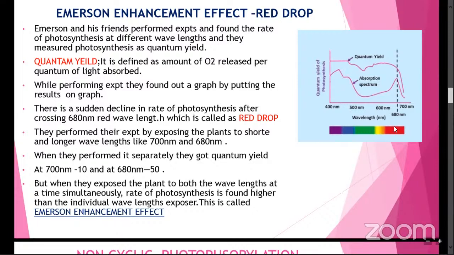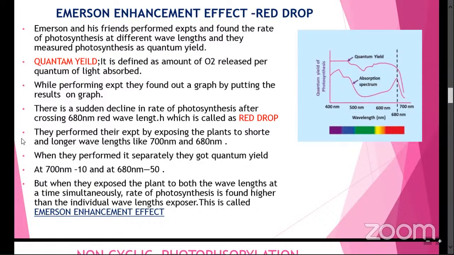The colors are also shown in this graph. The wavelength starts from 400 and ends at 700 nanometers. So, which color is suitable for photosynthesis? They observed it by doing the experiments.